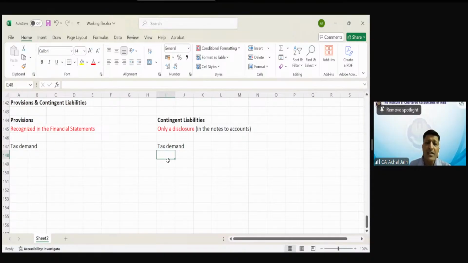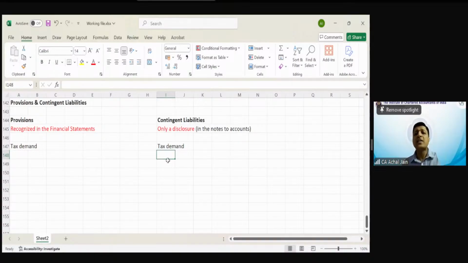So in such a case, the question arises, what should the company do? The company is saying that it's 50-50. In such a case, the company will give a disclosure in respect of that item, event or transaction.